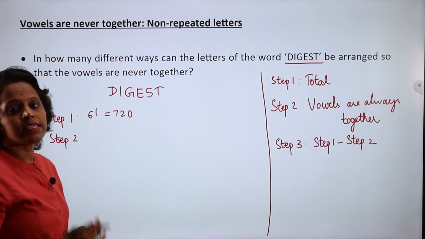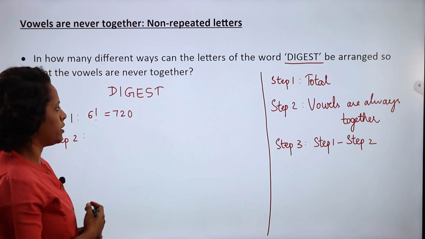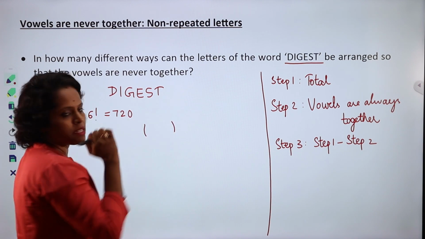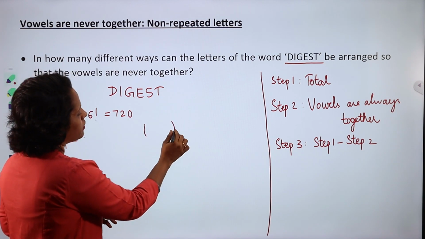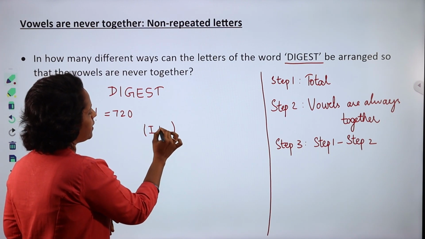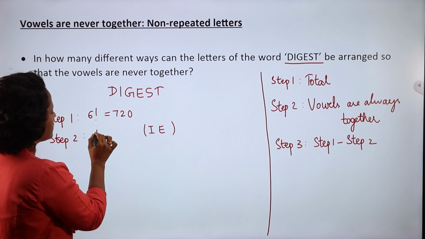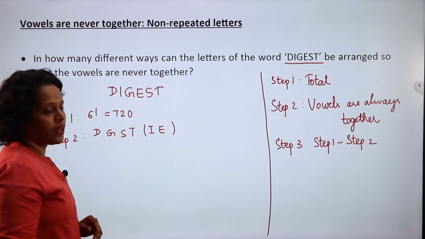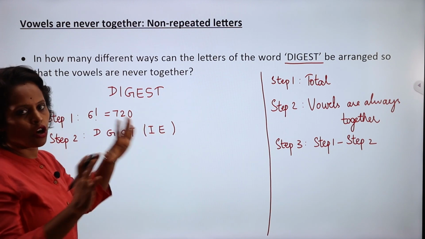Step 2 is the case in which the vowels are always together. As we have seen in the earlier video, whenever we need to take all the vowels together, we take a bracket. We keep the vowels inside the bracket. Here the vowels are I and E. The remaining letters are D, G, S, T. Now, this set of vowels should always be together.